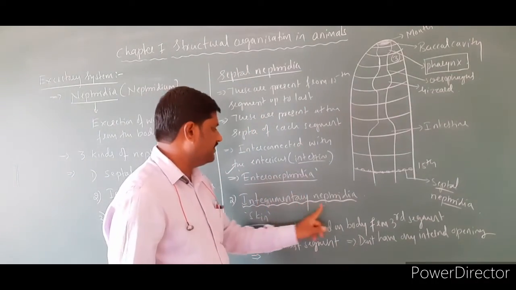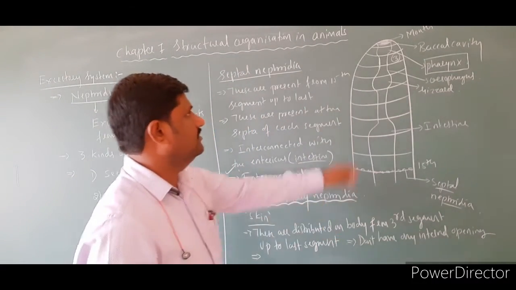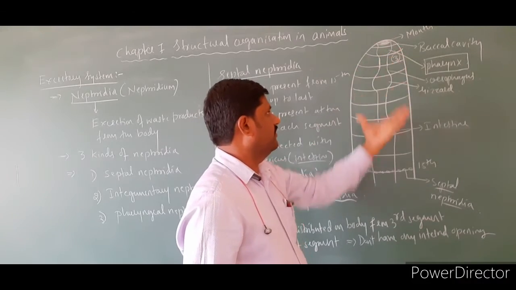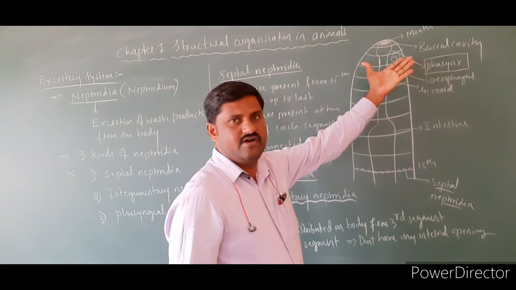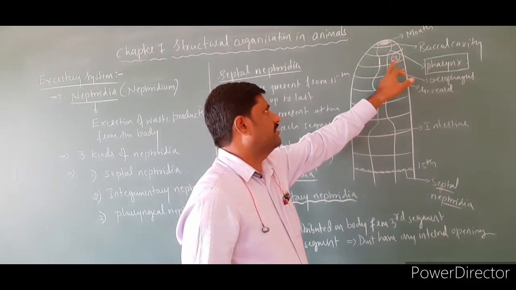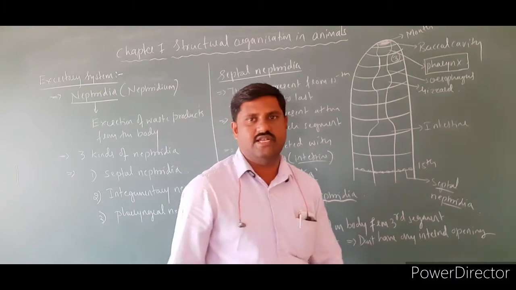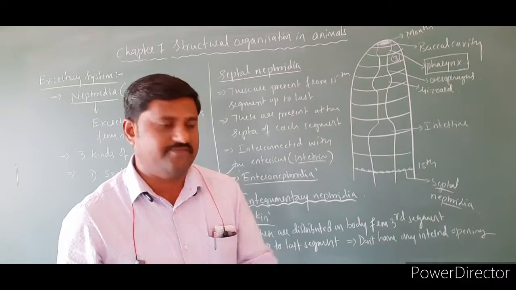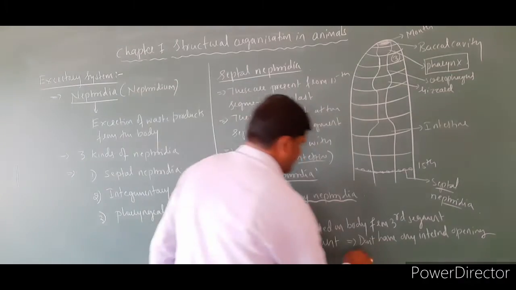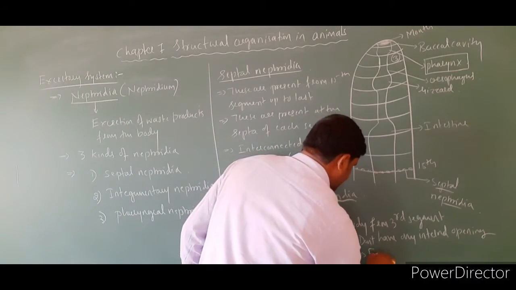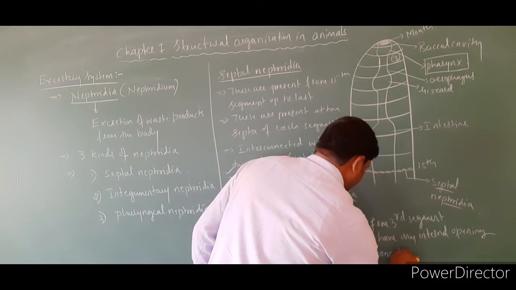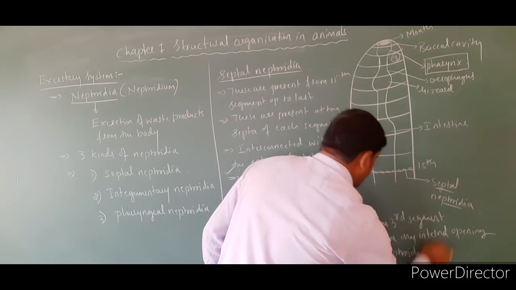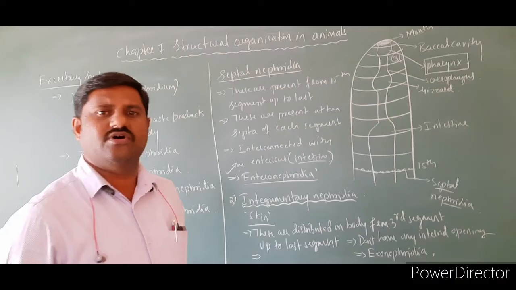And these nephridia are present on the body wall of the entire body of the earthworm from the third segment up to the last segment. So these are called exonephridia. Why are these called exonephridia?